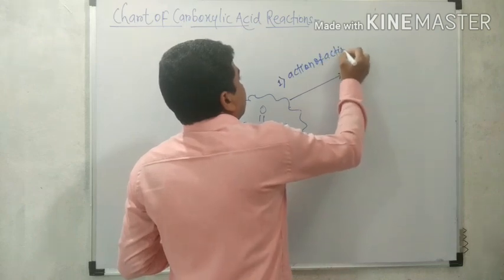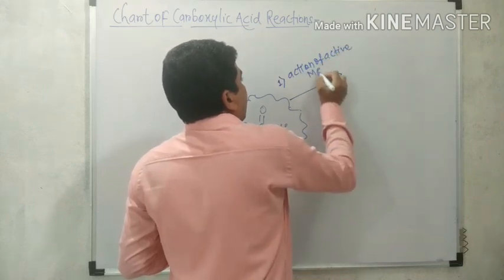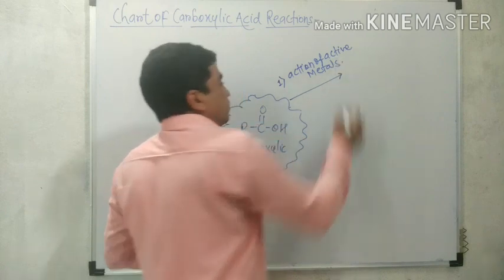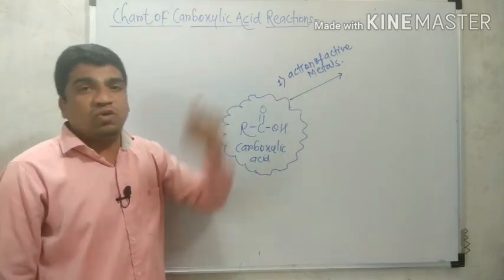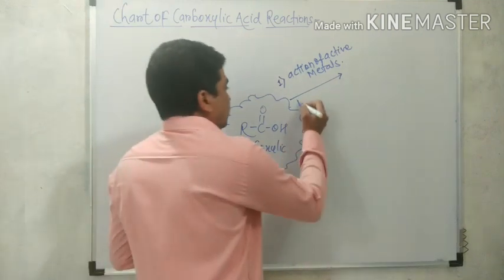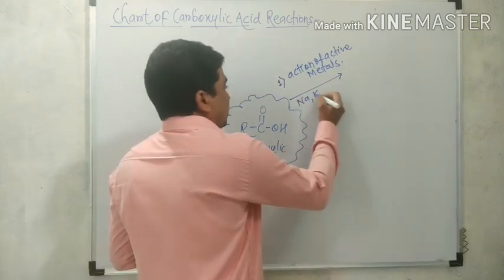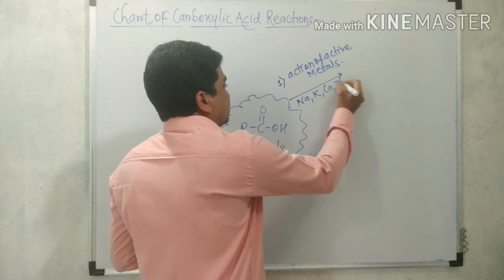We know the first reaction is the action of active metals, which is our first reaction with carboxylic acid. Active metals like sodium, potassium, calcium, zinc.